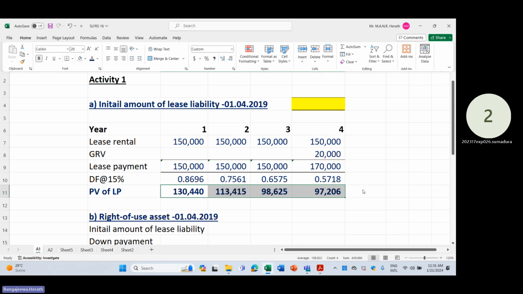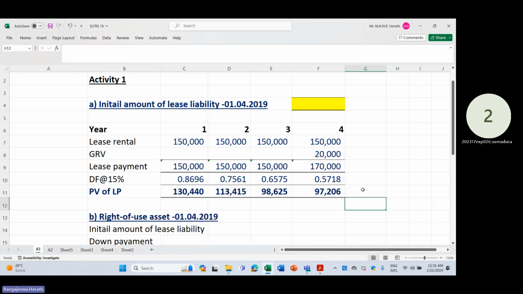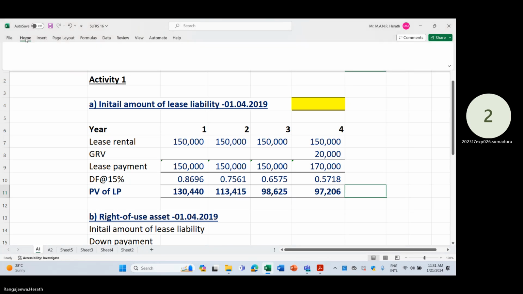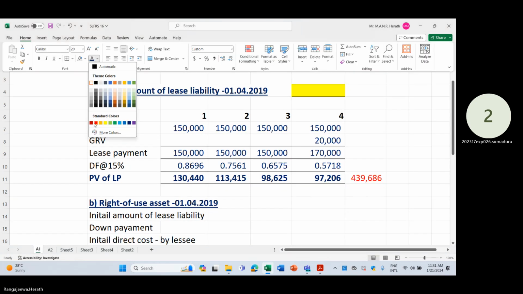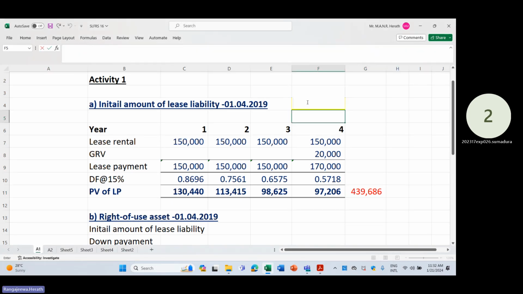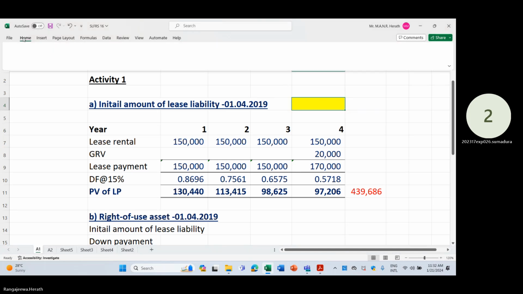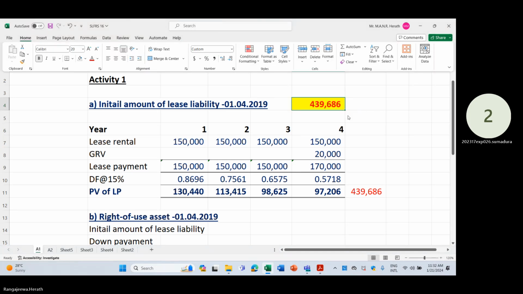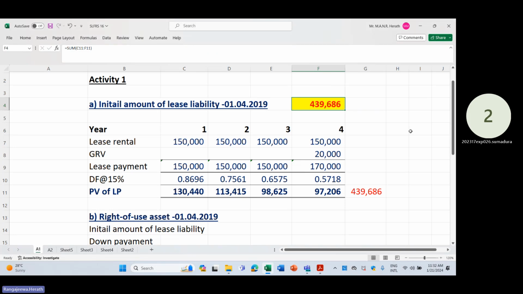So finally, you can have the total. The initial measurement of lease liability is $439,686.